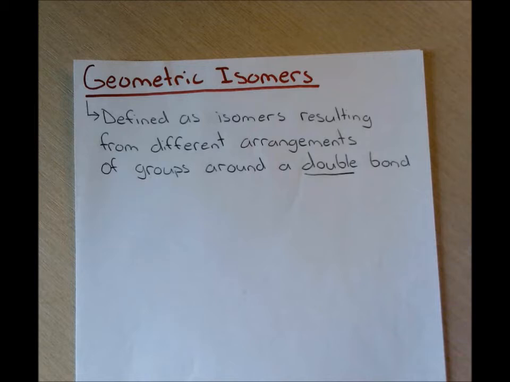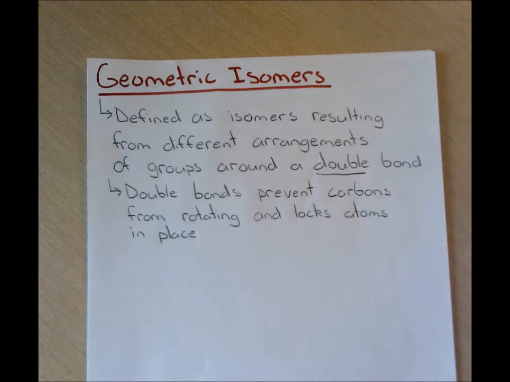What the double bond does, specifically, is it prevents carbons from rotating, and it essentially locks those atoms in place. So with this double bond, think of building a bridge. If you want to make it stronger, you add more supports.